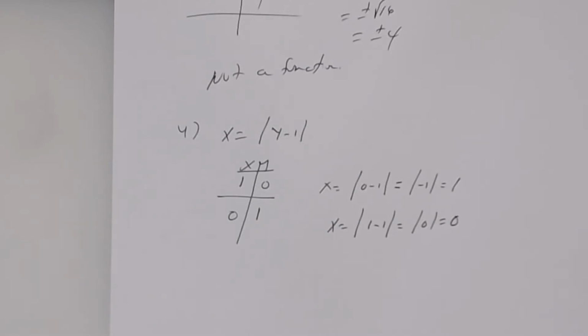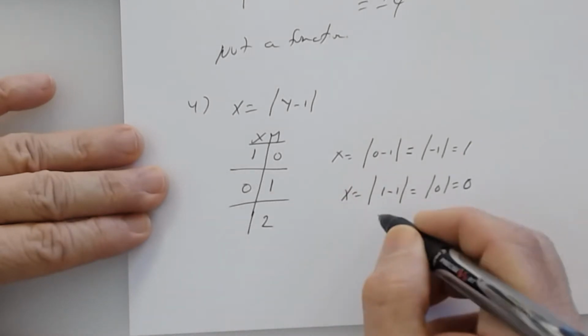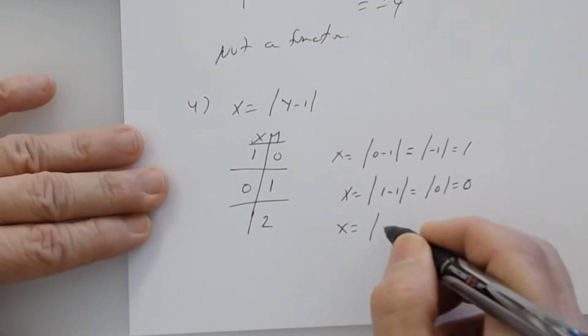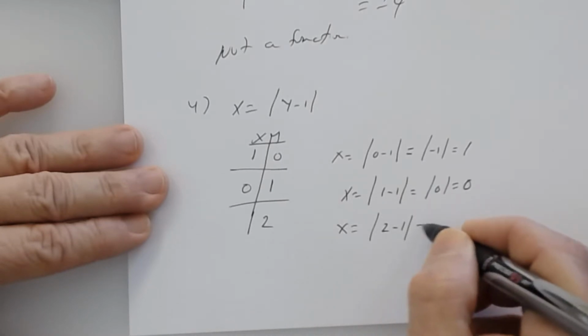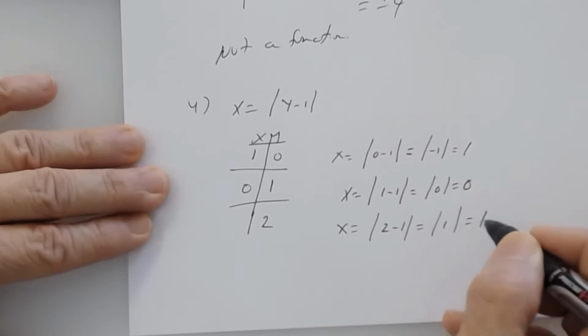But you've got to try some others, okay? If y is 2, let's see what happens. I get x equals the absolute value of 2 minus 1, which is the absolute value of what? 1, which is what? 1.